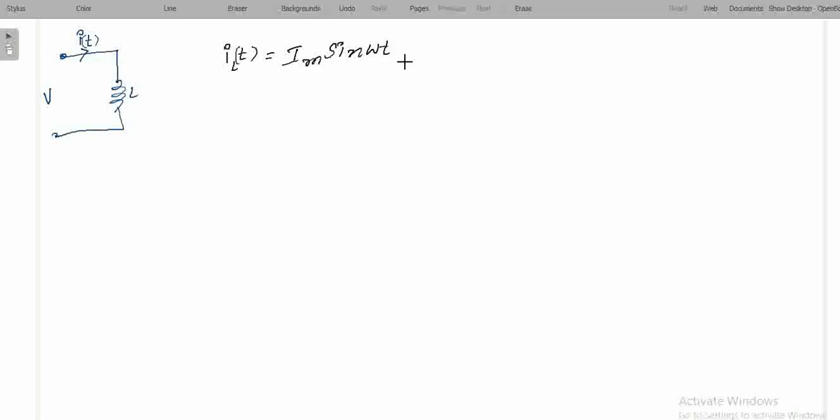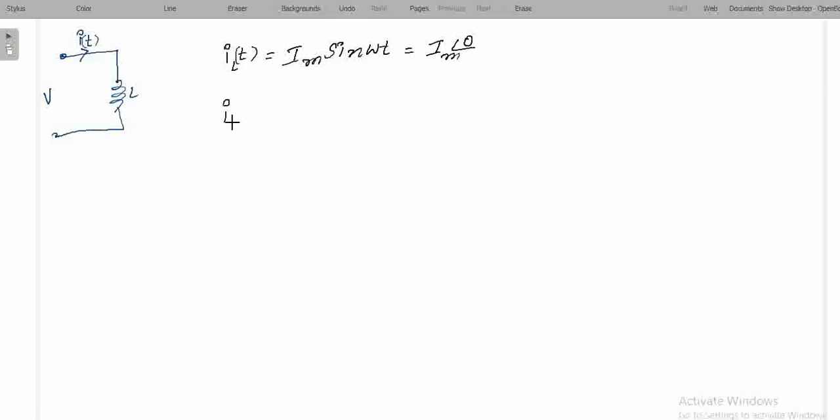In the previous class we have considered sin omega t plus phi. If I consider plus phi, then the current has an angle of phi with the x axis, but here I am considering just omega t. So IL of t is equal to Im into sin omega t. This is nothing but Im with 0 angle.